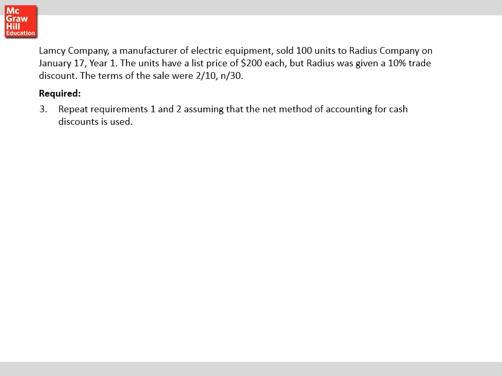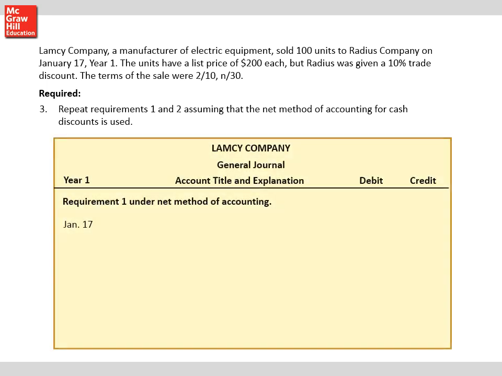They just don't take the discount. In the next method, though, Lamsey records the sale under the net method, I should say. In this case, Lamsey assumes the customer will take the discount when they're recording the actual sale. So that means they will debit accounts receivable for $17,640.